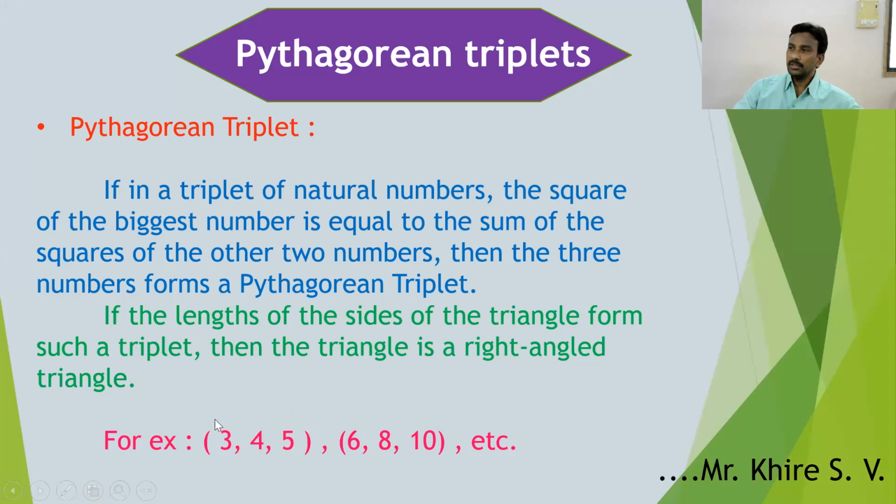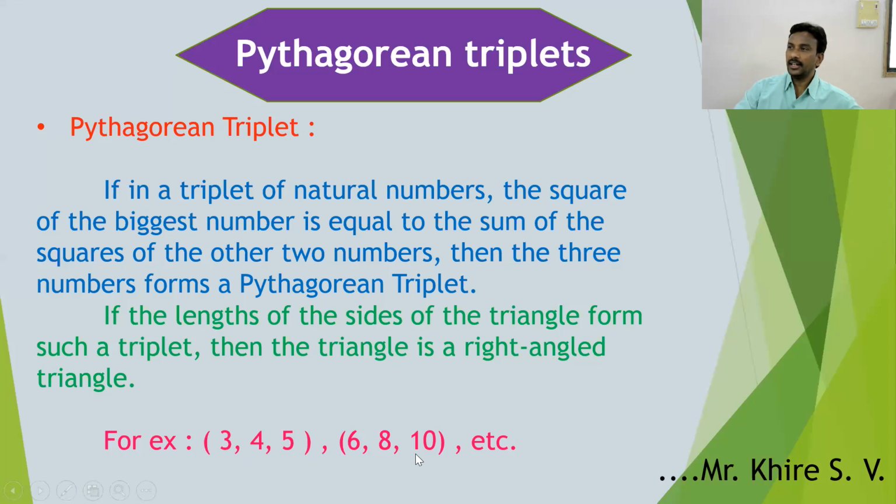Now, square of one side and another side: square of 3 is 9, plus square of 4 is 16. 16 plus 9 is 25. Means 25 is equal to 25, means square of 5 is equal to square of 3 plus square of 4. Means LHS is equal to RHS. Therefore, this is a Pythagorean triplet, and these are the sides of a right angle triangle.